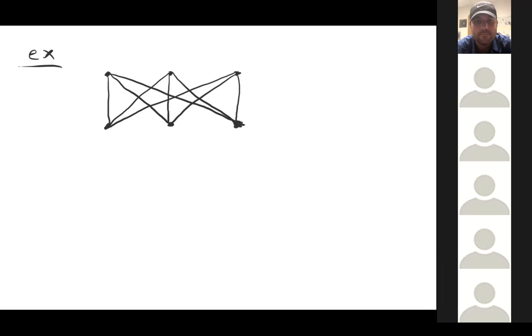So this is A, B, C, D, E, and F. What I want you guys to do is try to find a subgraph of this graph that is a tree. So it's got to hit all the vertices, A, B, C, D, E, and F. It doesn't have to hit all the edges, obviously. And you want it to be a tree in the end. And it's got to span the whole thing, which means it has to hit all the vertices. So take a second and try that.